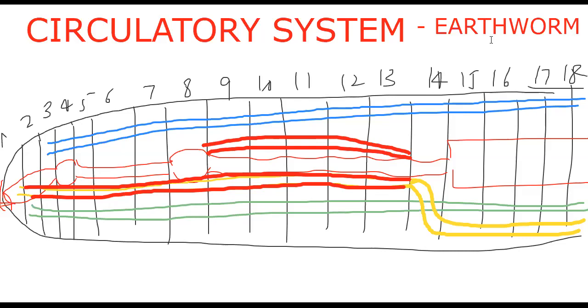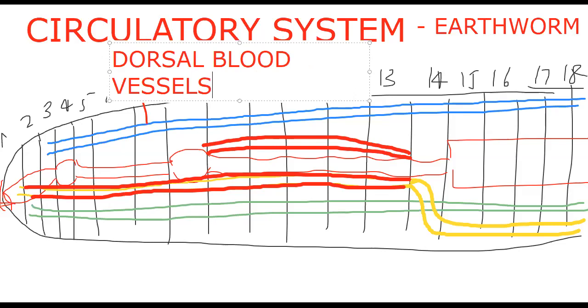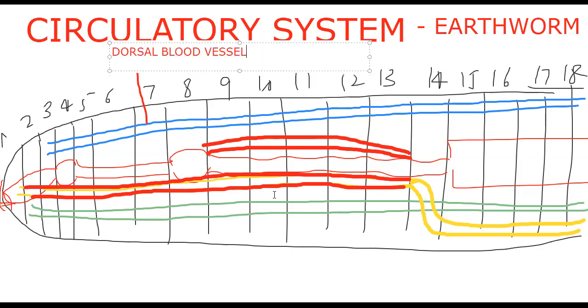So this is number one. I'm labeling here: this blood vessel is called dorsal blood vessel, a single one. Next, the ventral blood vessel, lateral esophageal blood vessel, subneural blood vessel.